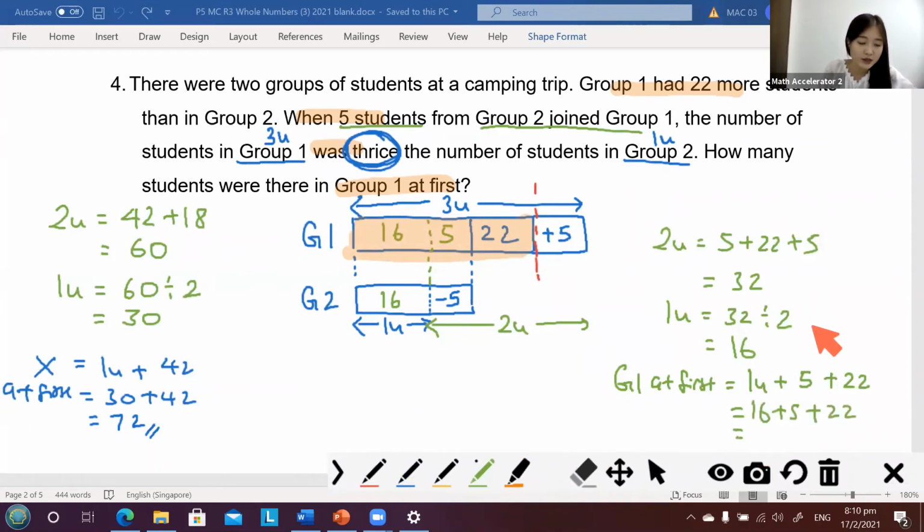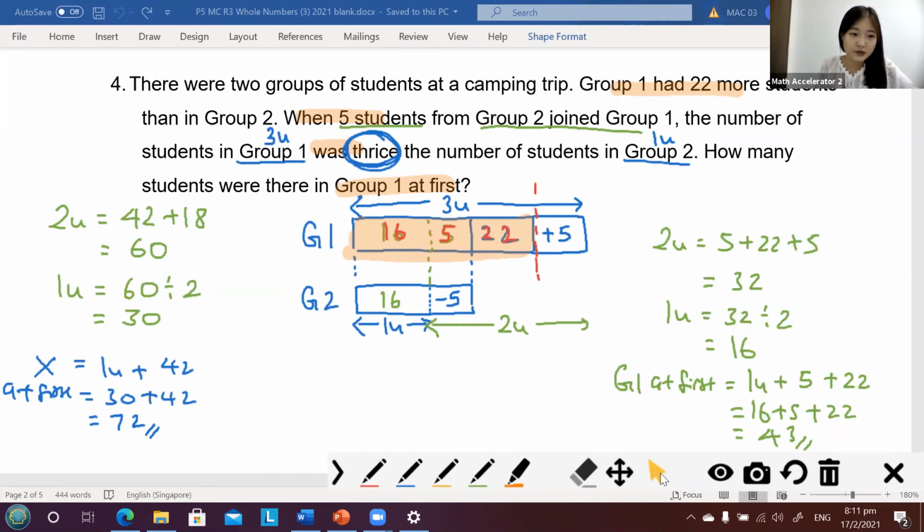Your final answer would be 43. Yes, correct. Okay, good. Let's carry on. Any questions? Why add 5? Because it's 16 plus 5 plus 22. Here, use that at first.